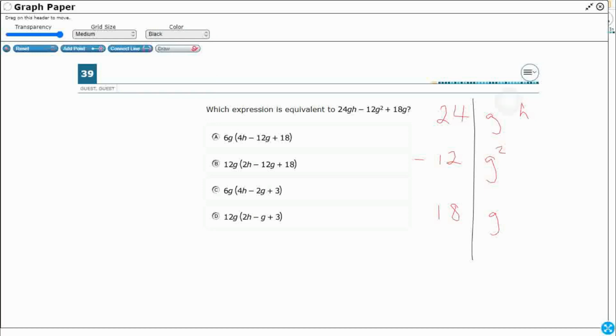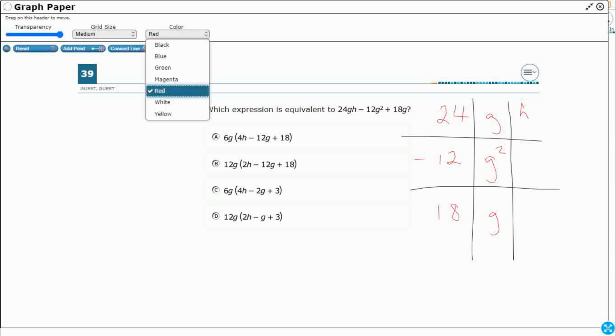I put anything related to g, either g or g squared, in that middle column, and then I put my h over in that final column. So I don't have anything in common with that h. There needs to be an h in all three of these rows if I wanted to factor something out. So we're not going to mess with the h. The h is just going to stay right where it is.